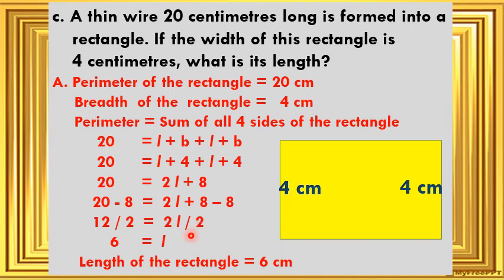So we get L as 6. That is, length of the rectangle is 6 centimeters. We can cross-check our answer. Here 6 plus 4 plus 6 plus 4. We get the answer as 20 centimeters, which is the perimeter of the rectangle. So our answer is correct.